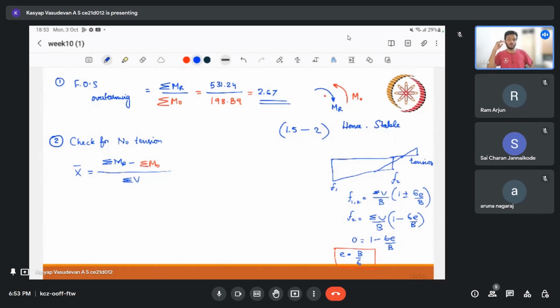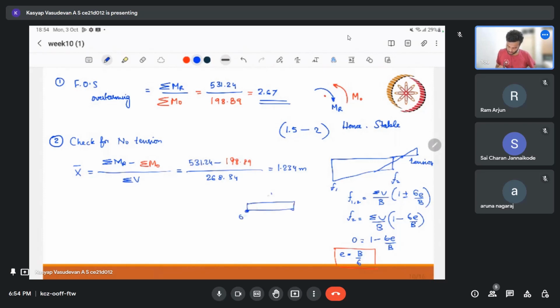So we get 531.24 minus 198.89 divided by the vertical force, 268.34. This is 1.234.